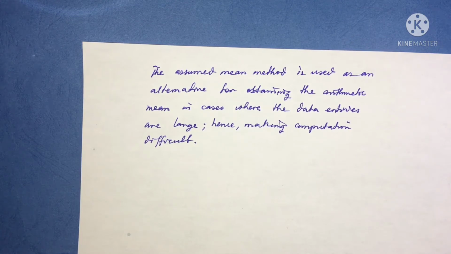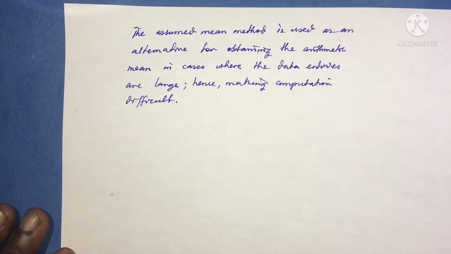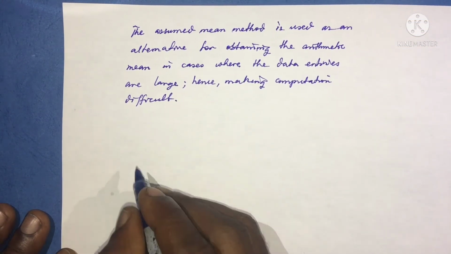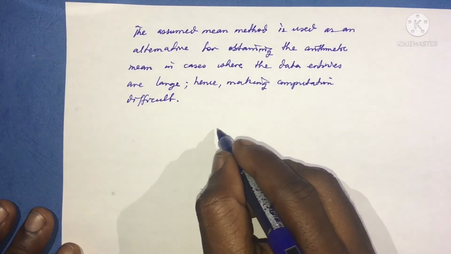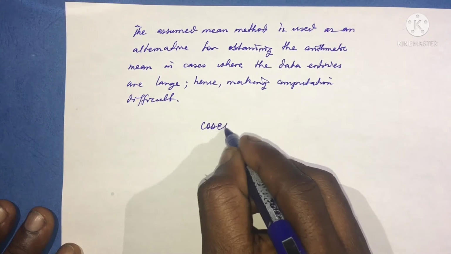An assumed mean will reduce the data entries to something smaller you can manage, okay? So I'm going to stop there, but we are going to take an example, but not yet. Let us now go into discussing the next method. The next method is called the coded factor method.